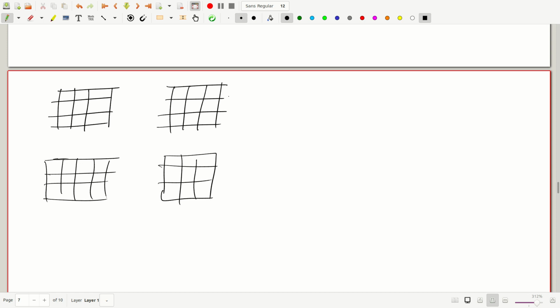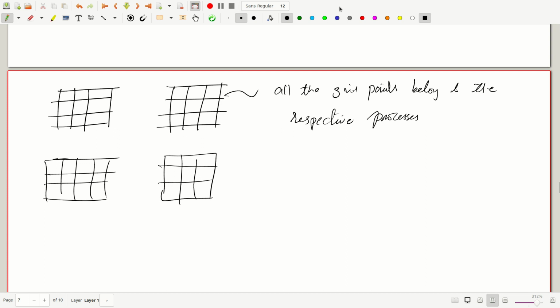Whatever I have drawn here, all the grid points belong to the respective processes.